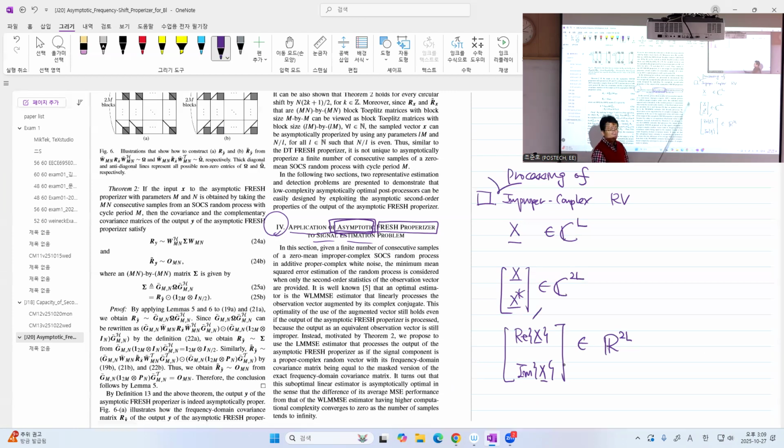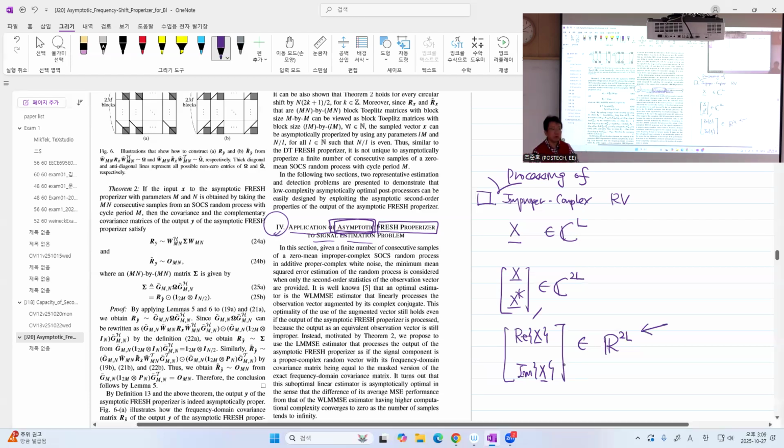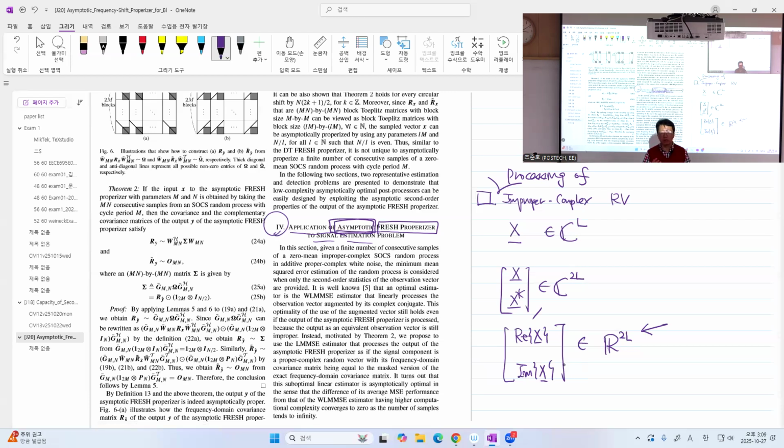By the way, which one do you prefer? If you are more a mathematician than an engineer, probably you would prefer this one and would say, hey, obvious, because a complex random variable is actually equivalent to a length 2 real random vector. And this is exactly the idea.